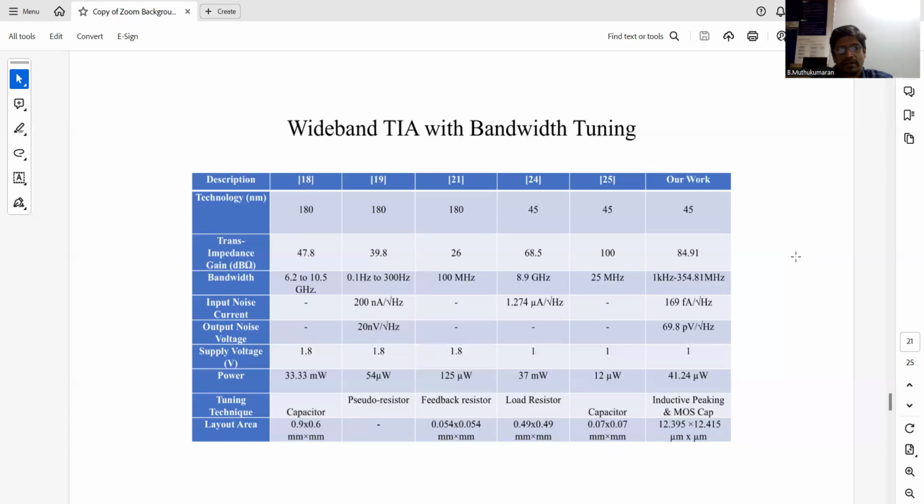Here the noise is very much reduced to 169 femtoampere, and the output noise is also reduced to 69.8 picovolt. This wideband TAA will be used for different bandwidth ranges in NIRS application.